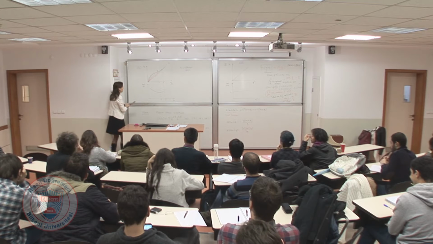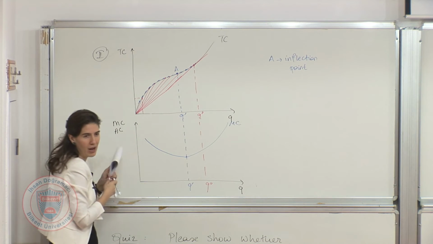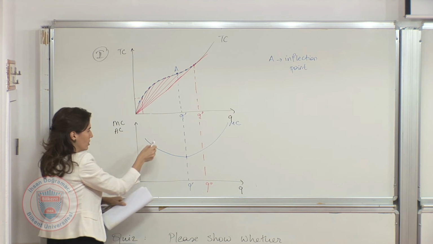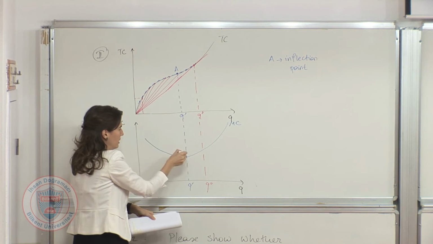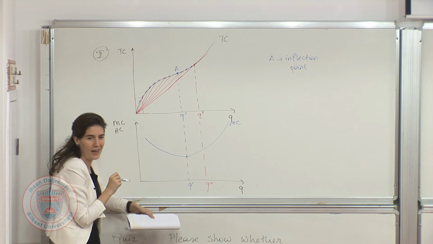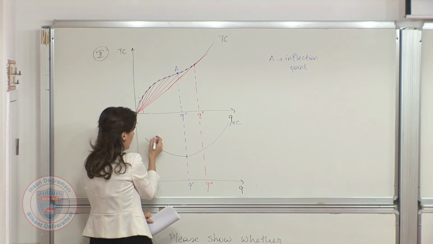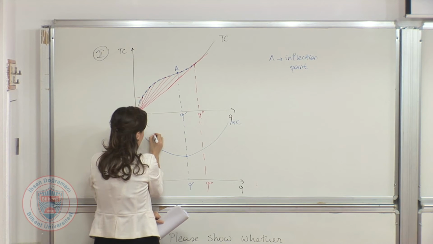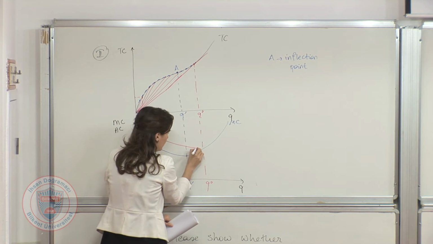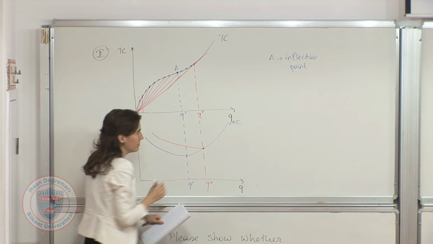Decreasing. And you said that, hocam, until here it's decreasing, right? So if average is decreasing, where should I draw? Shall I draw it here or here? Above or below? Above, right? Because average should be here. So you should say that it should be something like this until this point, right?